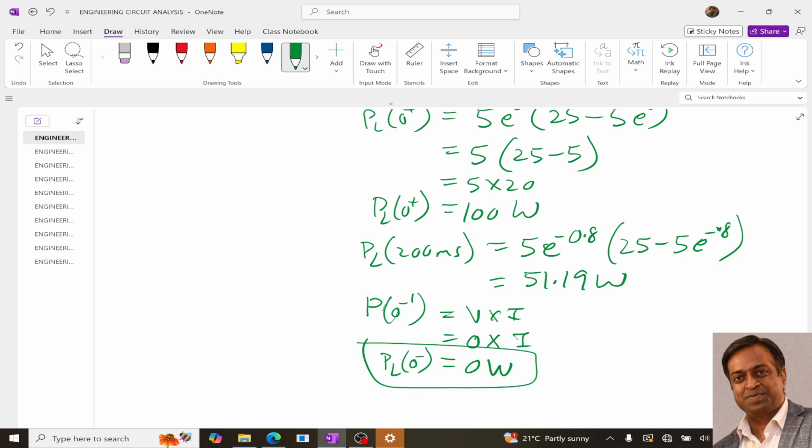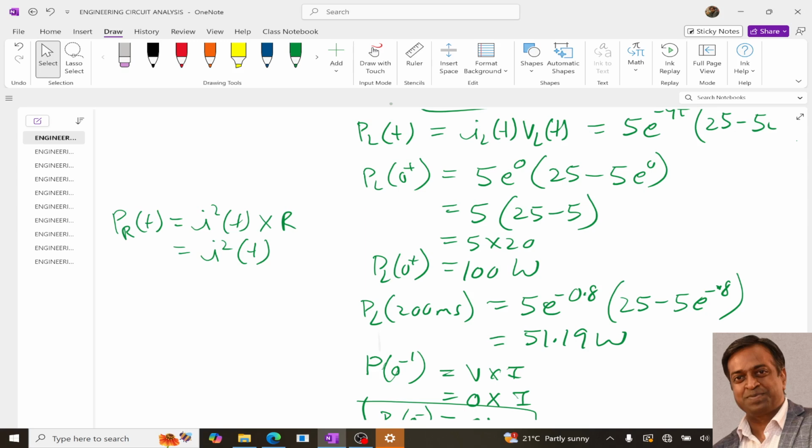Now coming to the resistor. For the resistor, p_R can be calculated as current squared into R. R is 1, so simply it is the square of the current.